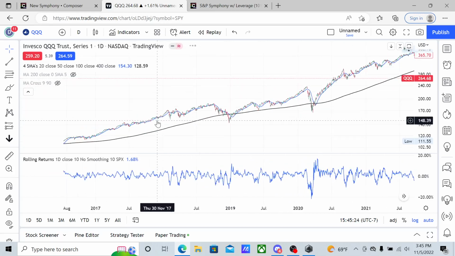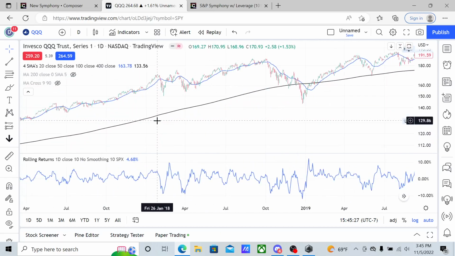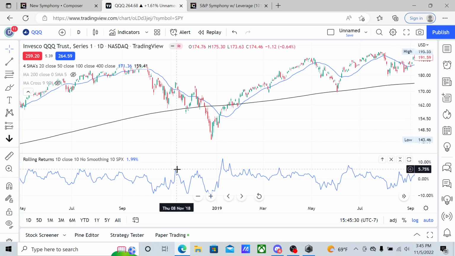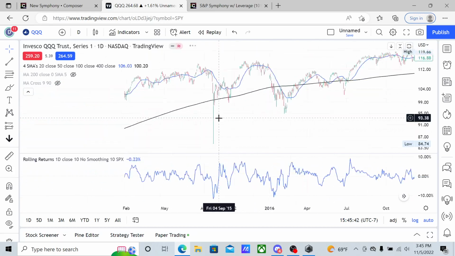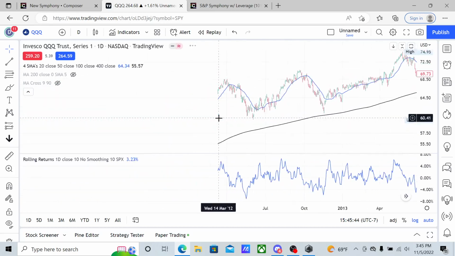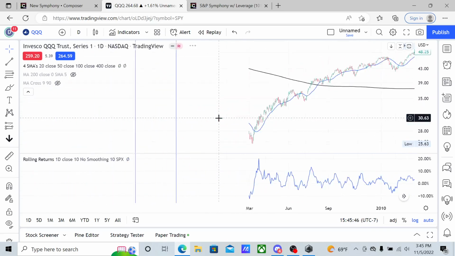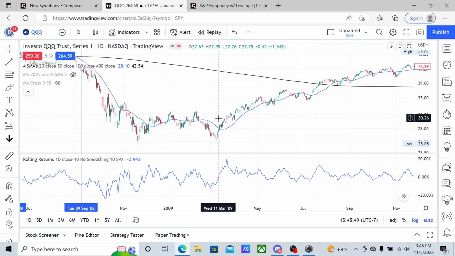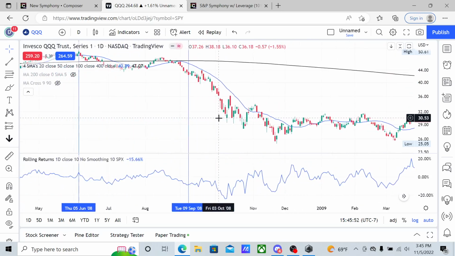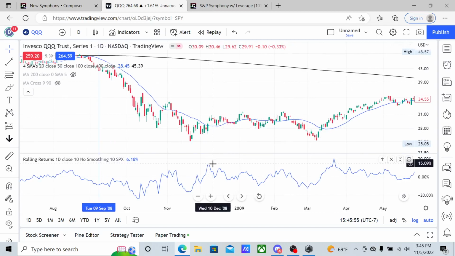Let me look. I want to look over here too. Let's look at 2008 because a lot of this was some sideways movement. So yeah, this might have helped you too, using that cumulative return rule.